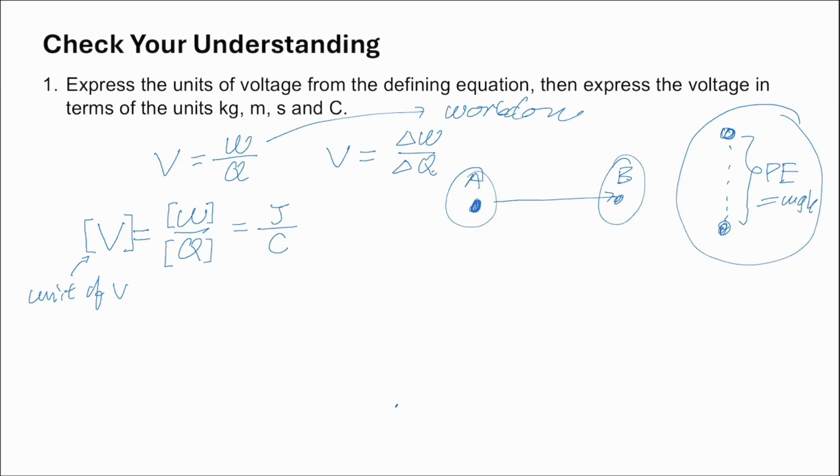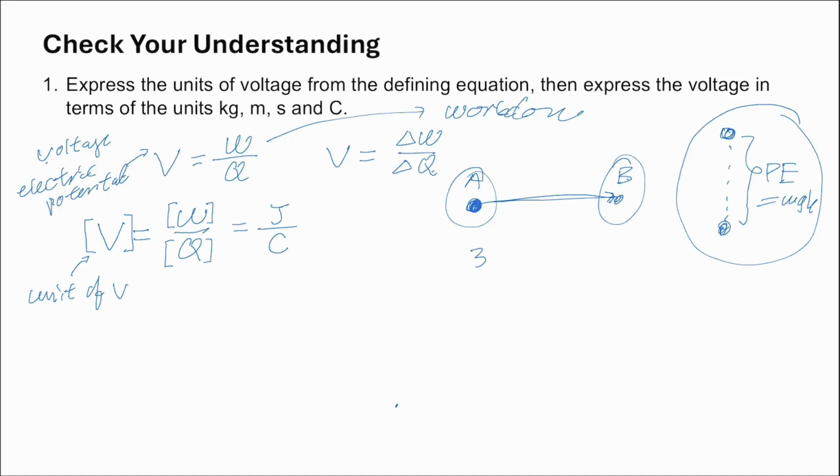And the meaning of volt or electric potential is how much potential energy or how much work done you need to move the charge from A to B, but per unit charge.